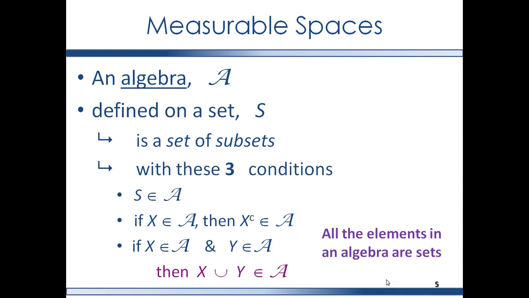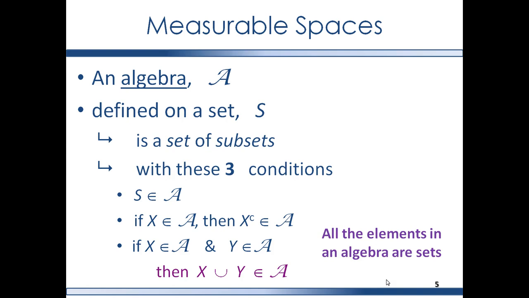And it can include subsets with only one element from S, which I refer to as unit sets. Now I want you to be aware that talking about the elements in the new domain that we're calling the algebra can be confusing because every element in the algebra is a set. So I could refer to the elements of the algebra, or I could refer to the sets in the algebra and be talking about the same thing. So just be conscious of that.